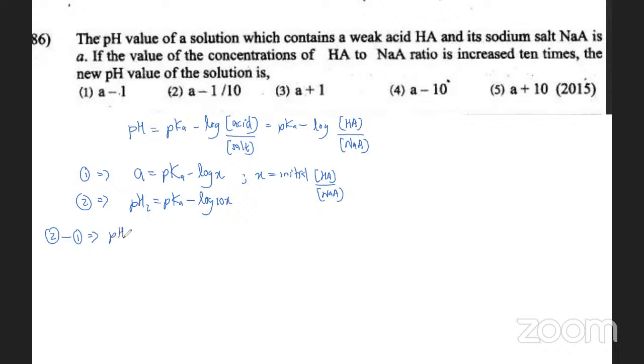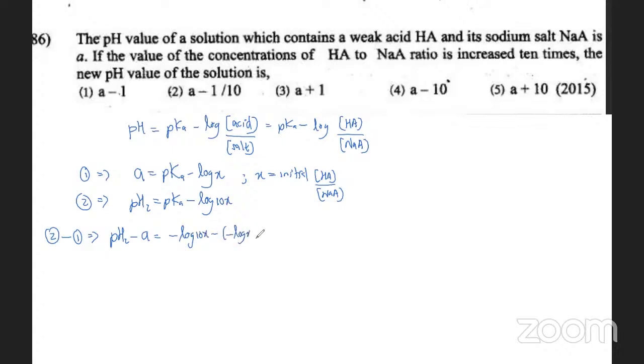Here we will be getting pH2, which is the new pH we are supposed to find out, minus A equal to pKa, pKa will get cancelled out, and I'm getting log X minus log 10x.